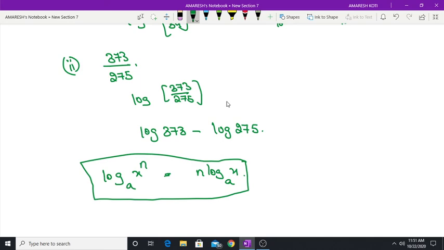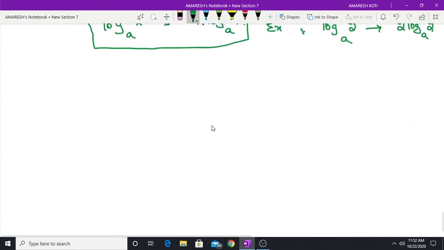For example, if it is given like log 2 squared to the base a, then we can write it as 2 log 2 base a. Okay, hope you understood. 2 log 2 base a. This is another formula. Every formula in this is very important, so learn everything.